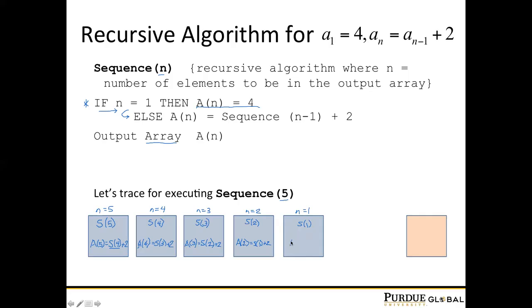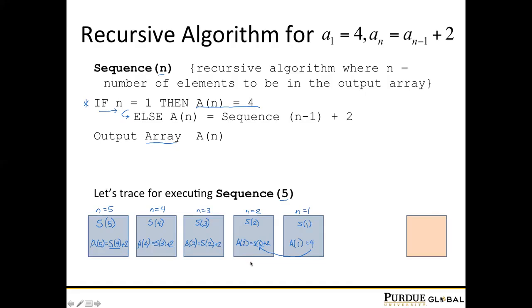All right, so let's write that down. A of 1 equals 4. And so now that we have produced S of 1 with an output of 4, we can sub it back in to our recursive components in the previous cycles through, or traces through, the algorithm, you can think of it as.